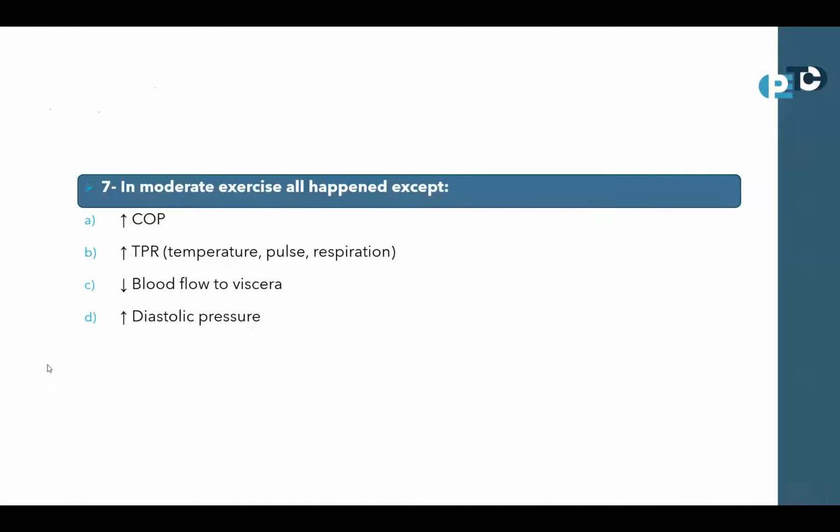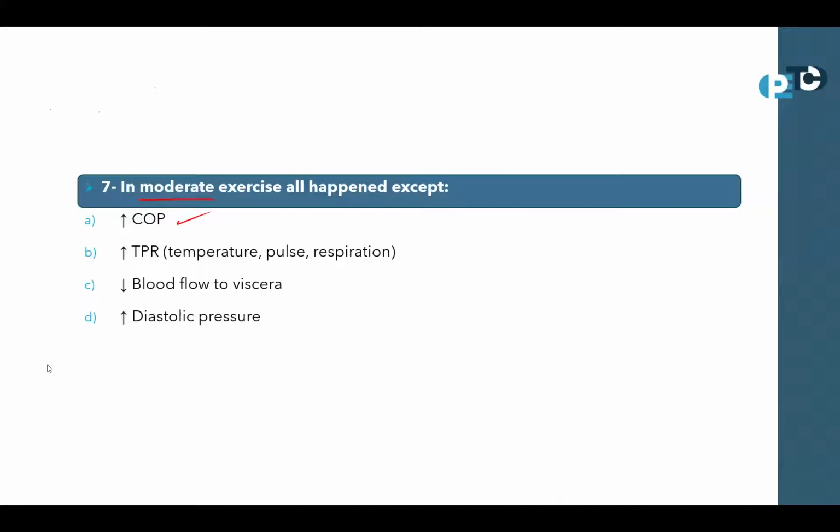Here we are talking about moderate exercise. In moderate exercise, the cardiovascular system undergoes various changes to meet the increased demand of oxygen and nutrients. It will affect the cardiac output; the cardiac output will increase. So this will happen.